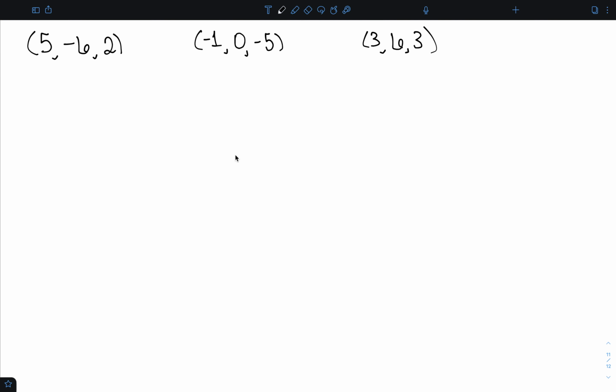Let's consider a plane passing through the points 5, -6, 2, -1, 0, -5, and 3, 6, 3. The first step is to create 2 vectors. I'm going to start by going from the first point to the second point. So I would subtract -1 minus 5, that's -6, 0 minus -6, that's 6, -5 minus 2 is -7.